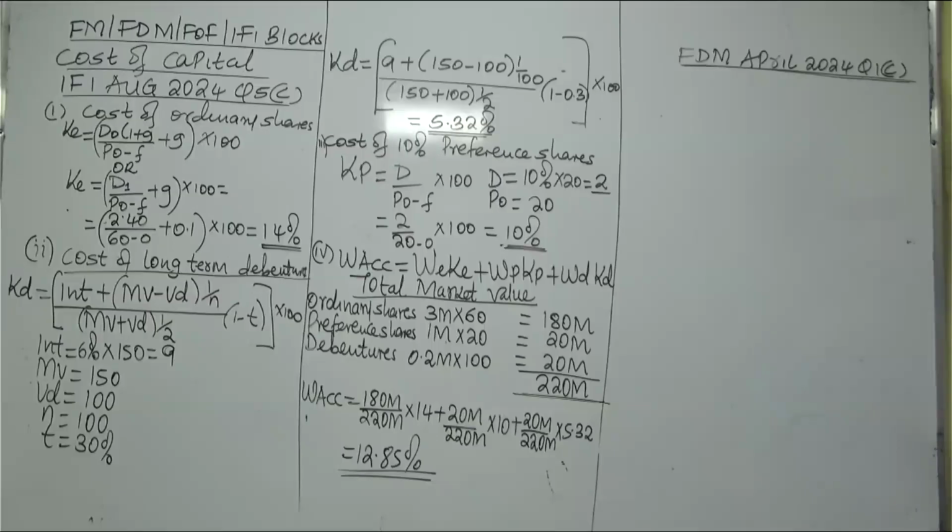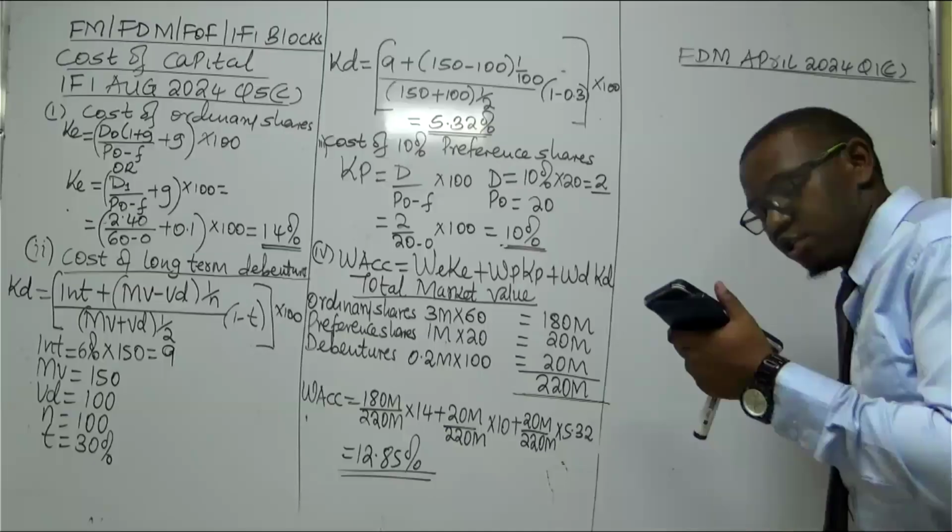New 12% irredeemable debentures will be issued at 120 each. A flotation cost of 10 will be incurred. New 14% preference shares will be issued at 30. A flotation cost of 3 per share will be incurred. Corporation tax rate is 30%.